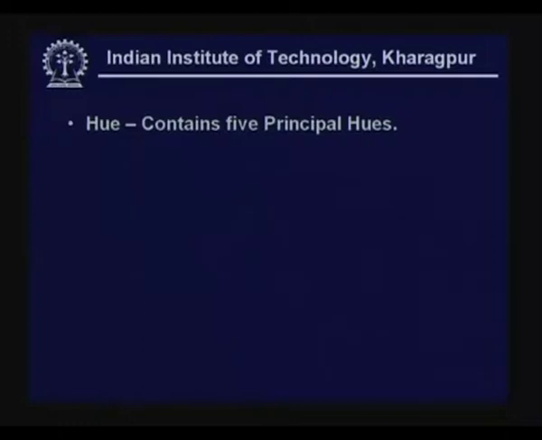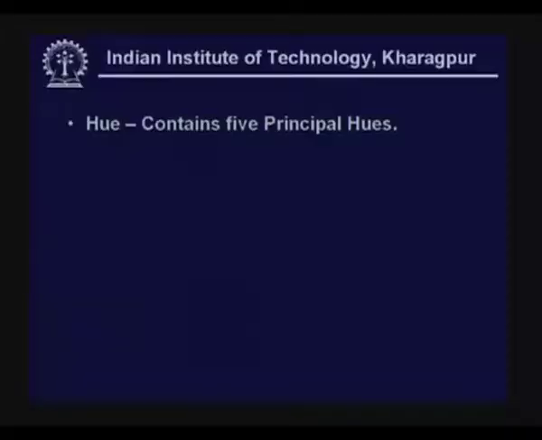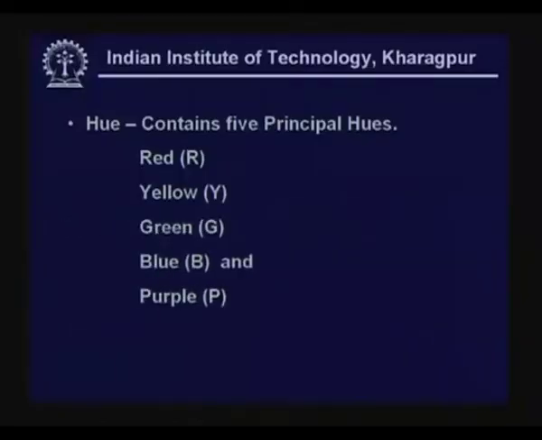and it had the three values, that is hue, value and chroma. Now, hue is again specified in terms of 5 principal hues. They can be broadly talked about, or loosely the way we refer to colors, they have these hues.